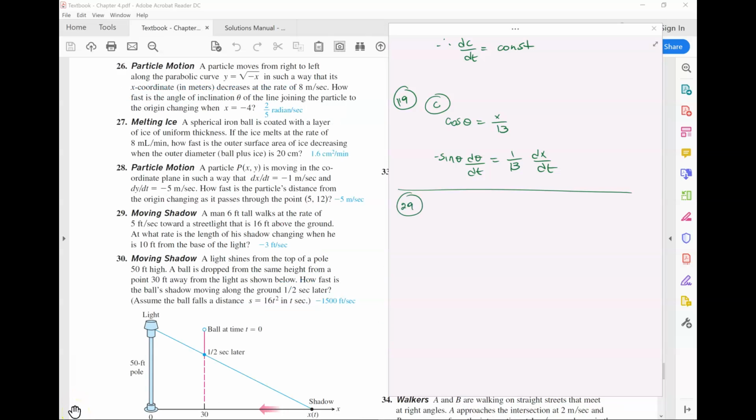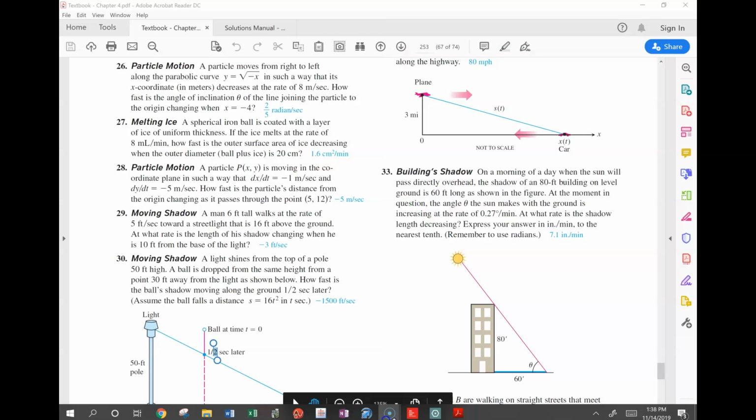So a man 6 feet tall walks at a rate of 5 feet per second toward a street light that is 16 feet above the ground. At what rate is the length of his shadow changing when he is 10 feet from the base of the light? So this is exactly like the one that we did in the homework. You have a picture here for number 30, but you could also use it for number 29.